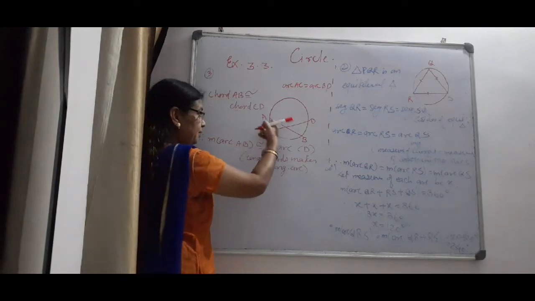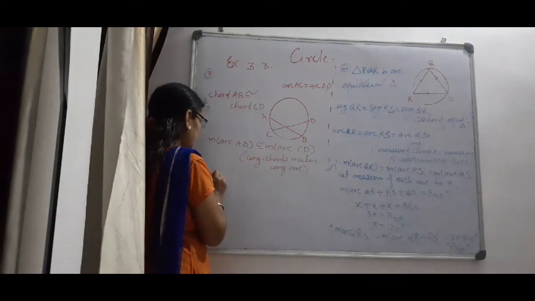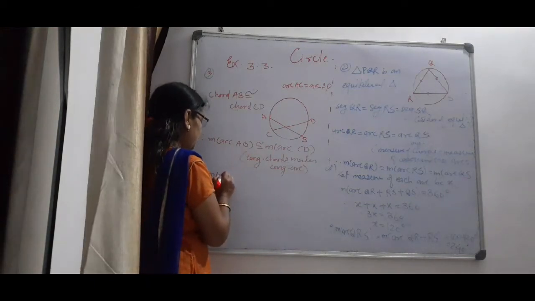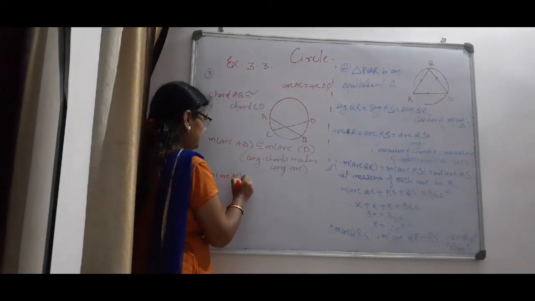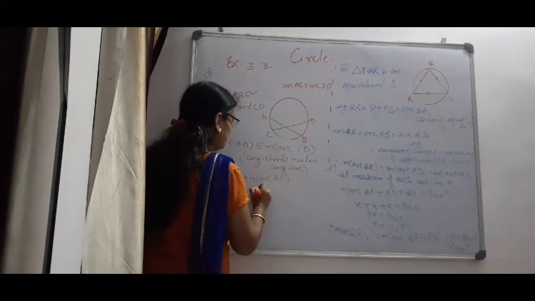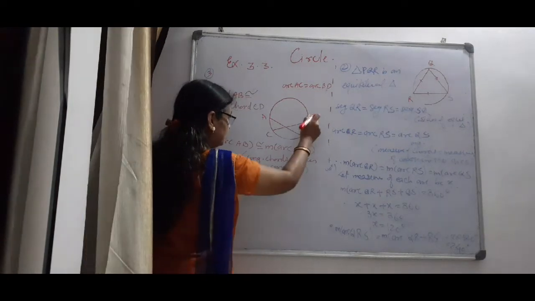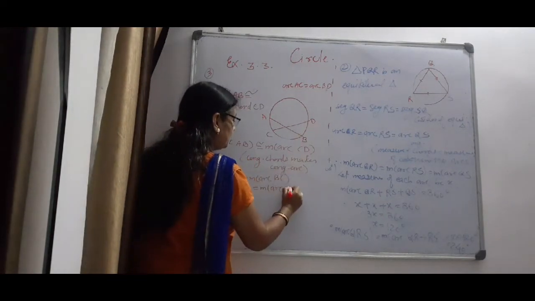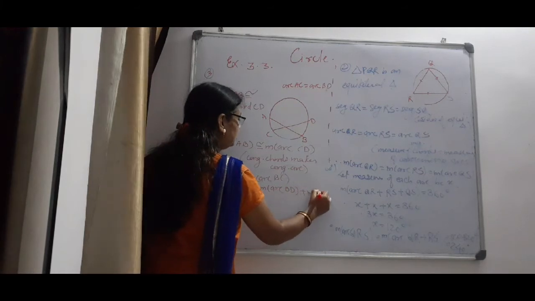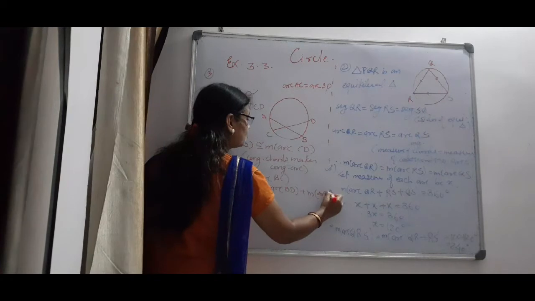So what is arc AB? The measure of arc AB means the measure of arc AC plus the measure of arc BC. And what is meant by arc CD? The measure of arc BD plus arc BC.